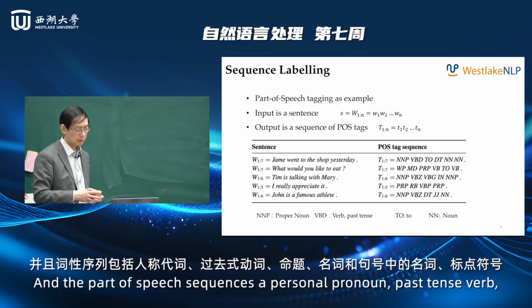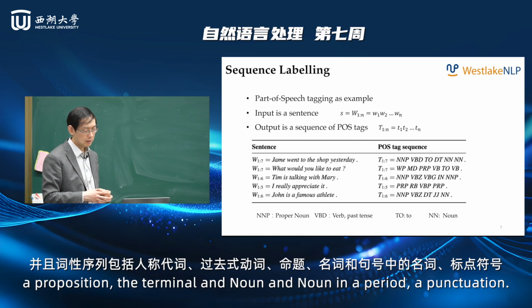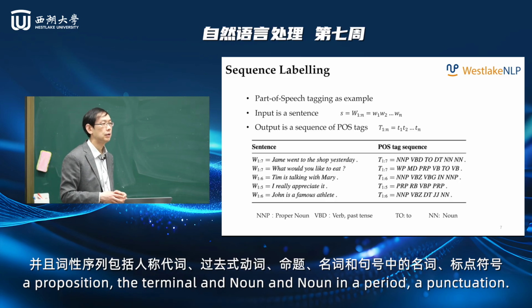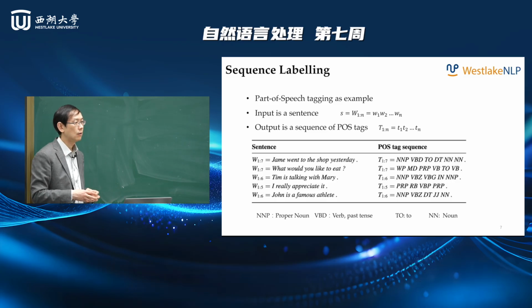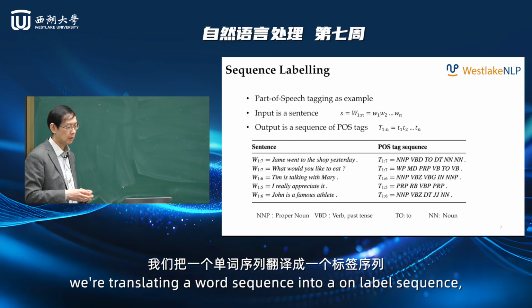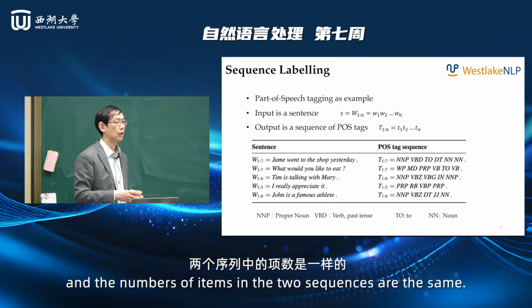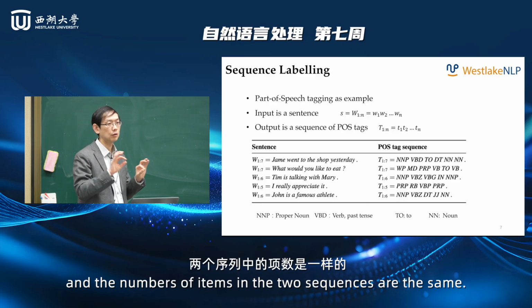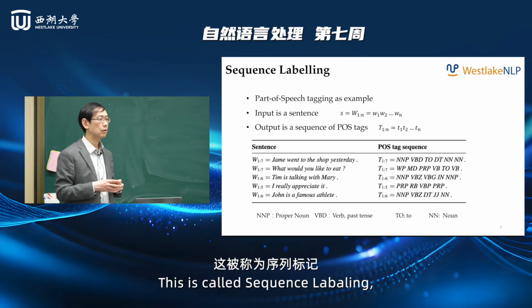And the part of speech sequence is personal pronoun, past tense verb, preposition, a determiner, and a noun and a period, a punctuation. Okay, so we're translating a word sequence into a label sequence. And the numbers of items in the two sequences are the same. Okay, so this is called sequence labeling.